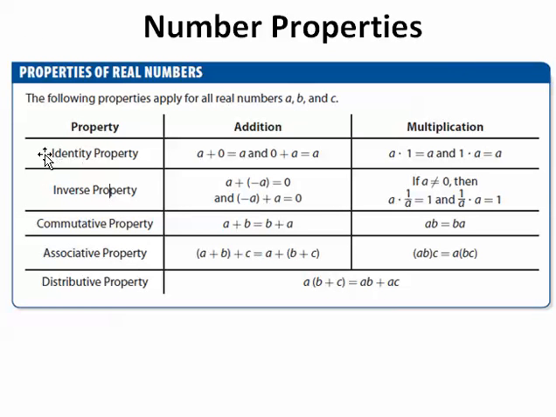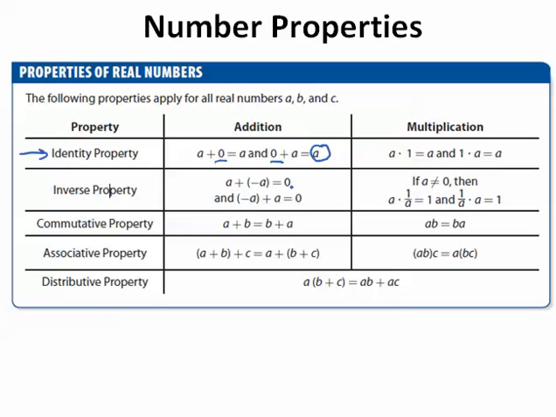Number properties. The first property we're going to discuss is the identity property. Now, you can color your hair or change your clothes, but whatever you add to yourself, you still say I'm the same person. Our answer still stays the same.